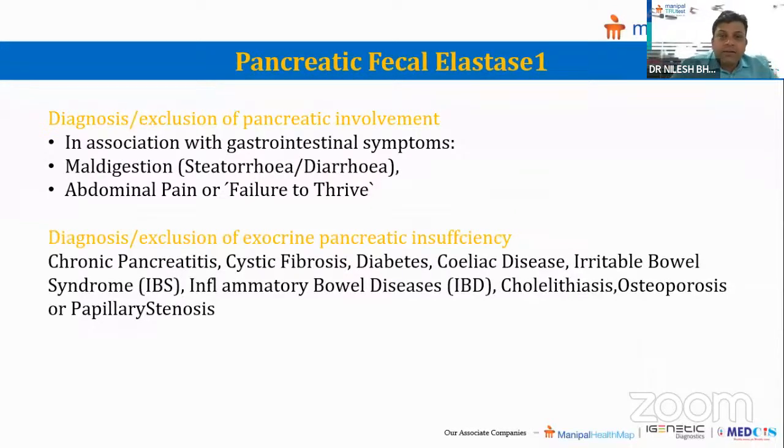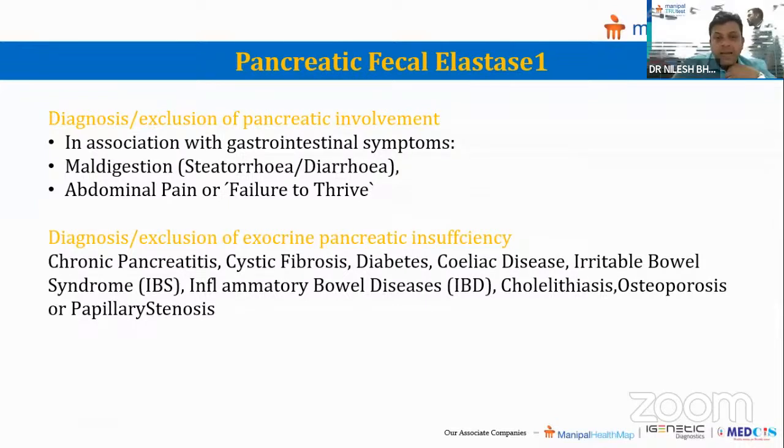This fecal pancreatic elastase can be used to diagnose or exclude pancreatic involvement whenever the patient has the symptoms as discussed earlier. Pancreatic insufficiency usually develops in many conditions, most importantly chronic pancreatitis, cystic fibrosis, diabetes, and even in IBS and IBD.